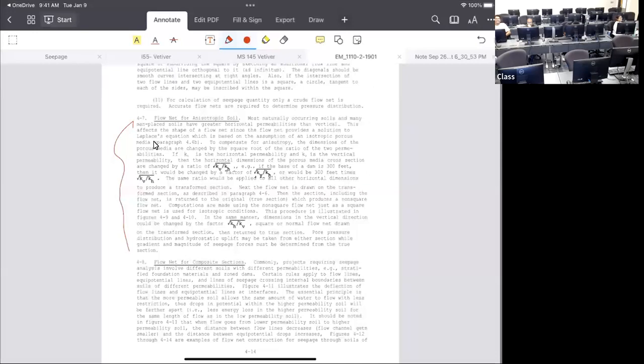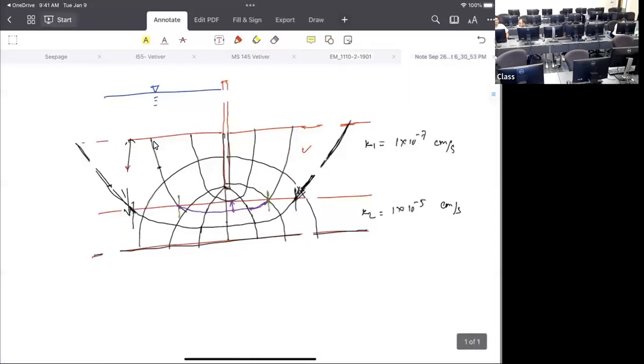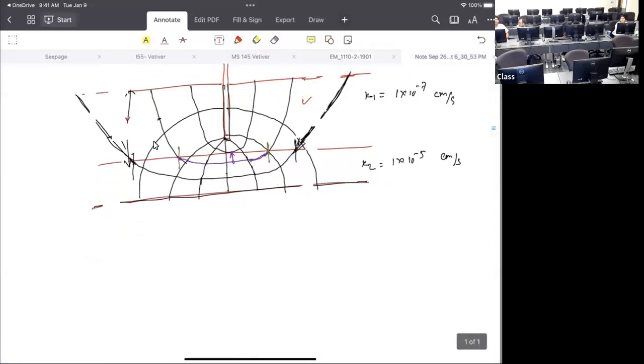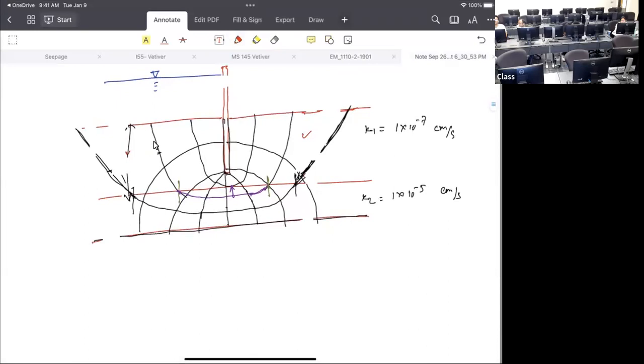What happens here is, let's say we are trying to draw a flow net. There are two ways, and I'm trying to give you the easiest way. Let's say in this one, we have a kv and kh. So when we draw a flow net, there is the seepage line, there is the flow line, there is the equipotential line.